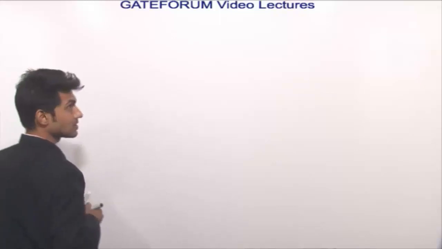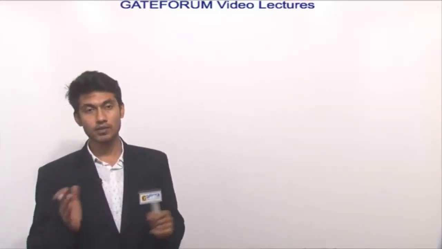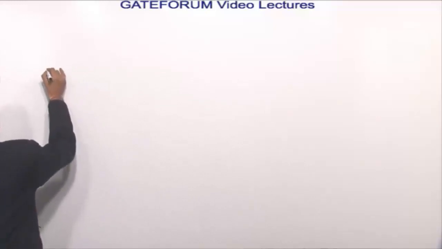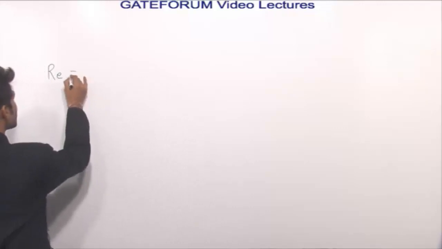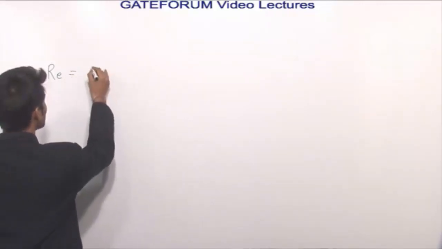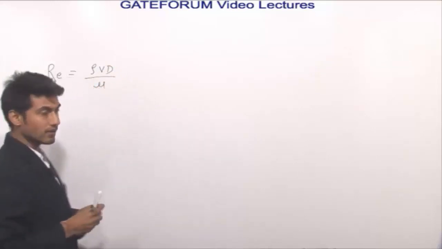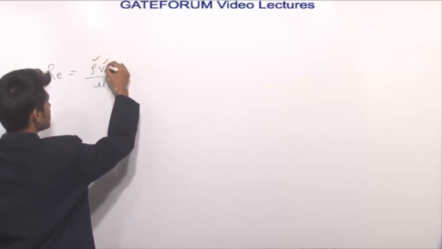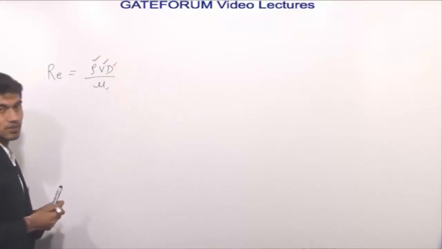For any such question where you are not given whether the flow is laminar or turbulent and you are required to calculate the head loss due to friction, first you need to calculate whether the flow is laminar or turbulent, and to get that we have a formula called Reynolds number. Reynolds number is rho Vd divided by mu, where rho is density, V is average velocity of fluid, d is diameter, and mu is viscosity.